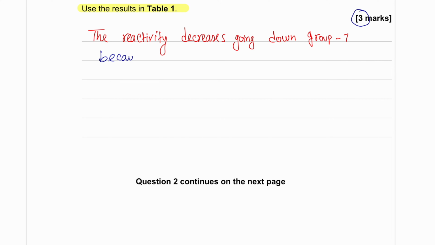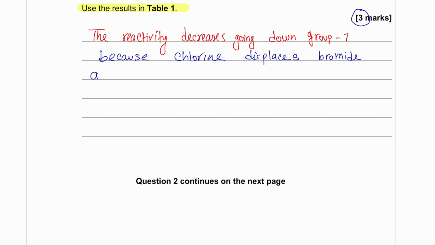Because chlorine displaces bromide and iodide, so it's the most reactive of the 3.